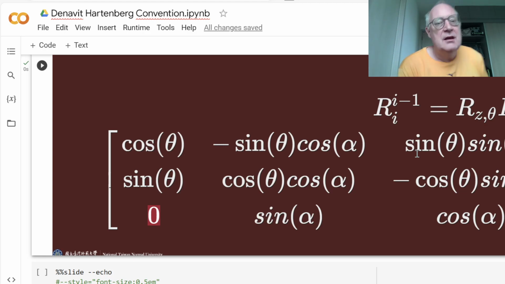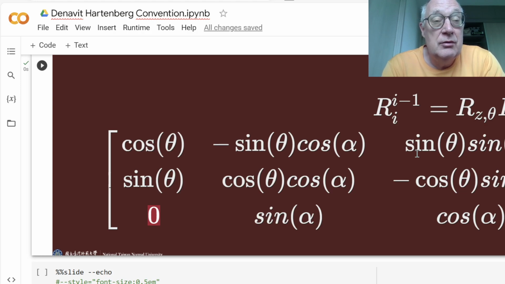Because basically what we fixed is, if I know the two angles, theta and alpha, then because the third coordinate must be perpendicular, there is no more freedom in selecting that particular value.